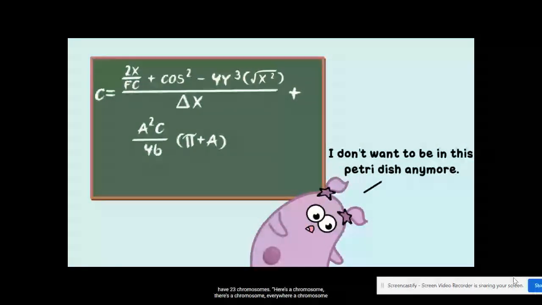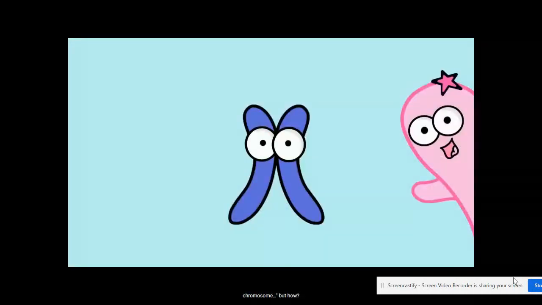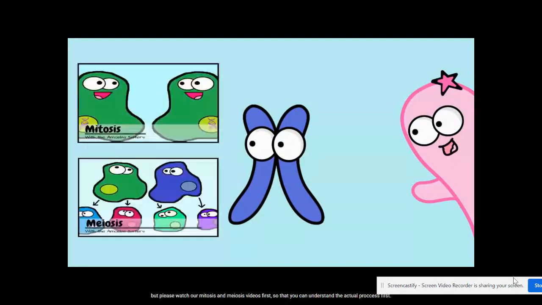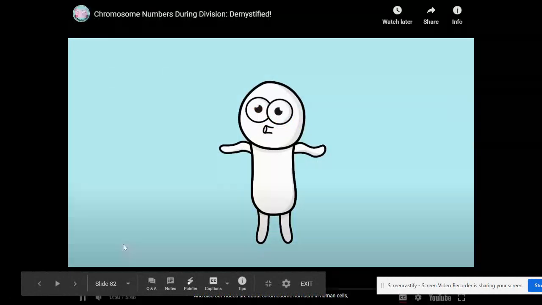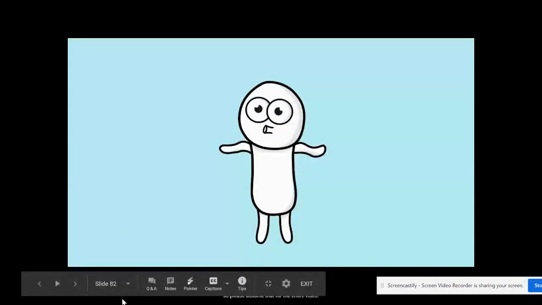It's like, here's a chromosome, there's a chromosome, everywhere a chromosome, but how? Well, this video is going to explain the chromosome numbers in these processes, but please watch our mitosis and meiosis video first so that you can understand the actual process first. And also, our video is talking about chromosome numbers in human cells, so please assume that for the entire video.